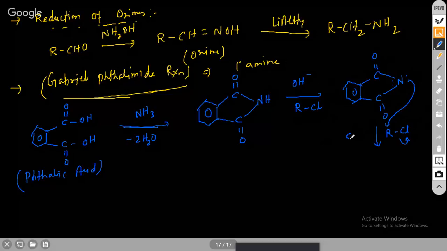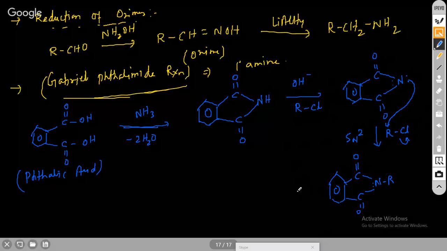This attack is SN2 type. And the product that you get here is C=O, C=O attached with N and R, with one lone pair on nitrogen.